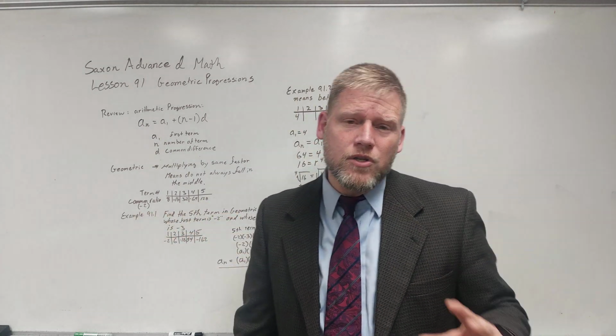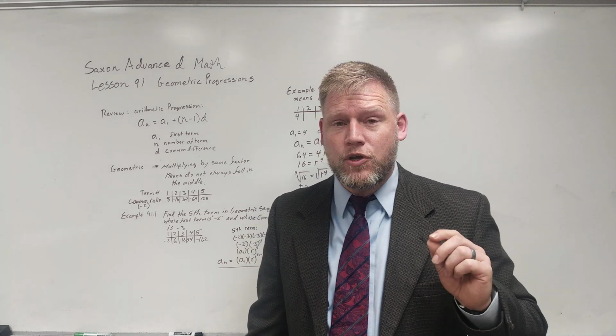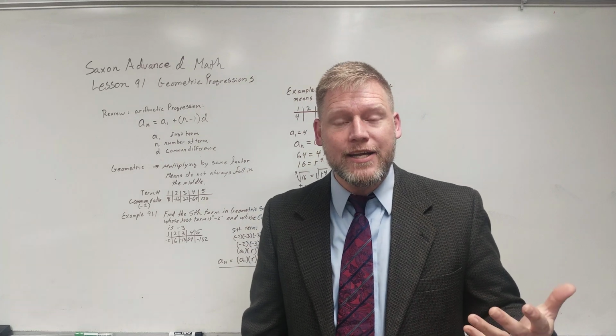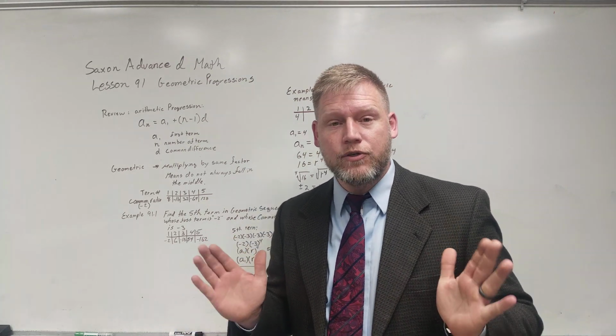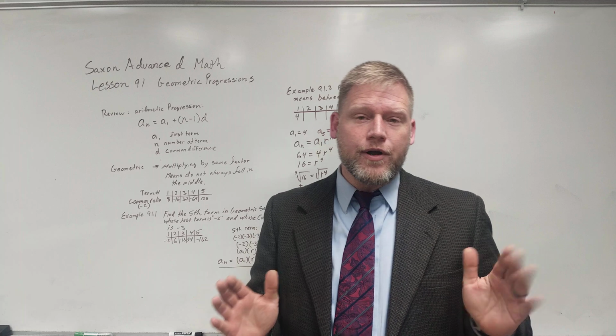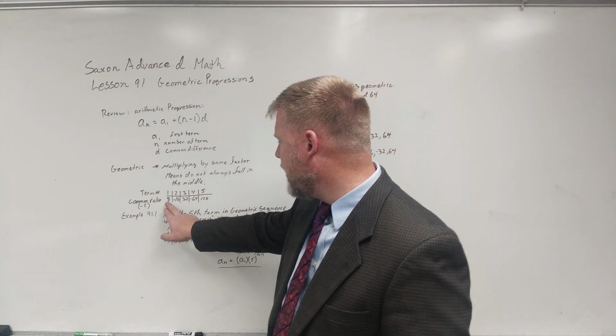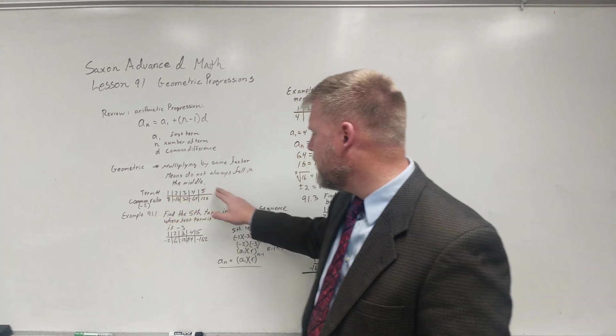Now, I want us to notice a couple of things. First of all, if your common ratio is a positive number, the means end up in between the two end terms. However, if the common ratio is a negative, it's going to flip back and forth. See, I've got 8 and 128, my first and my fifth term here.